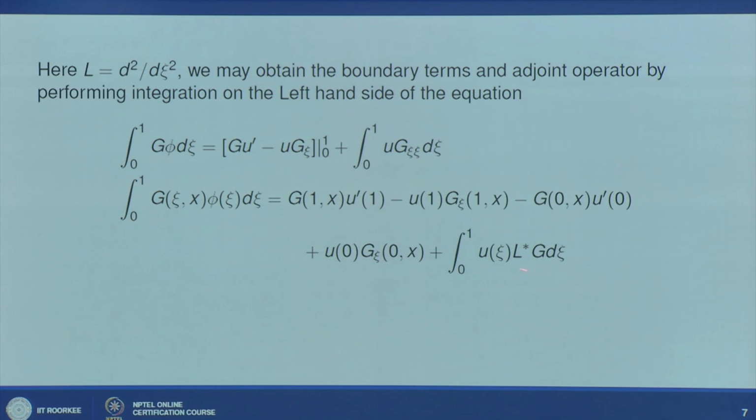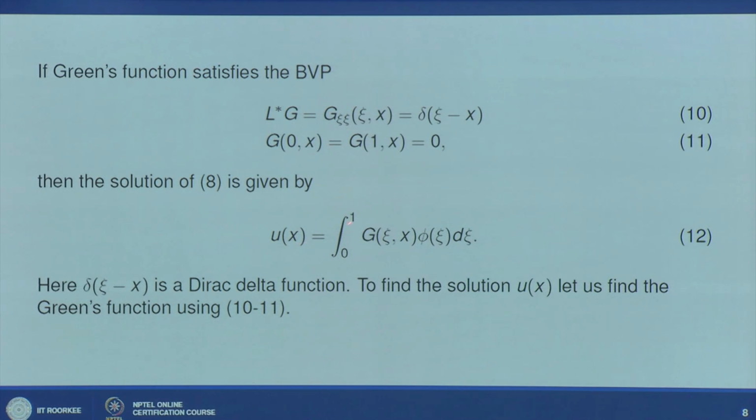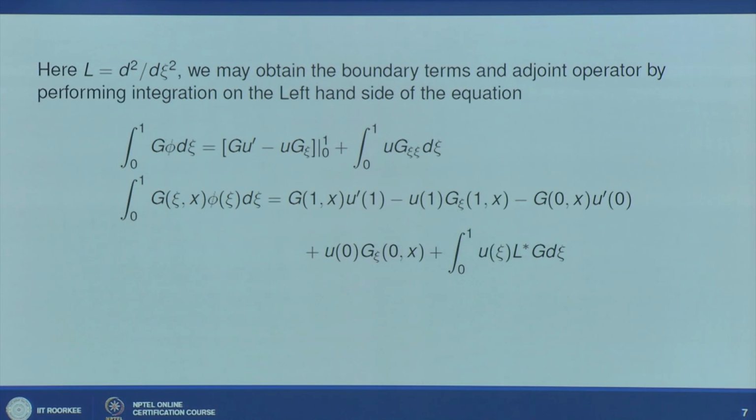To show that this will give you u of x, we assume that our Green function L star g is given by g(xi, x), because here we are dealing with a self adjoint operator. So L star is nothing but the same as L, which is the double derivative with respect to xi. So L g equal to delta(xi minus x), and the boundary conditions, just to make these two terms vanish, that g(1,x) and g(0,x) we are assuming are 0.